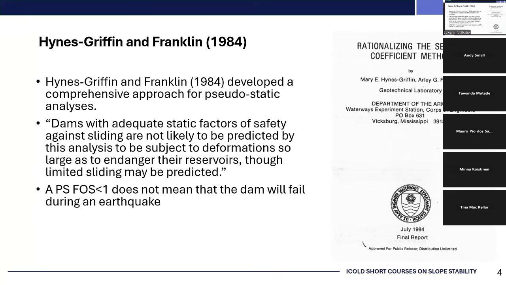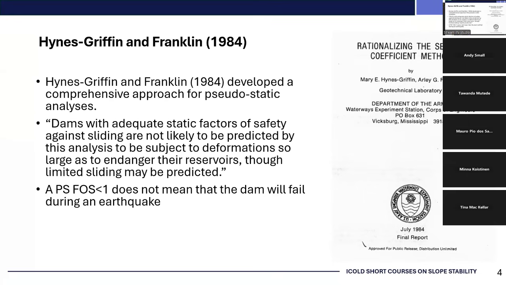They say in that document that dams with adequate static factors of safety against sliding are not likely to be predicted by this analysis to be subject to deformations so large as to endanger the reservoirs, though limited sliding may be predicted. This was developed based on a number of case studies for water dams.